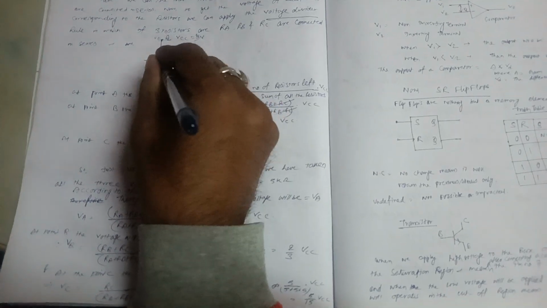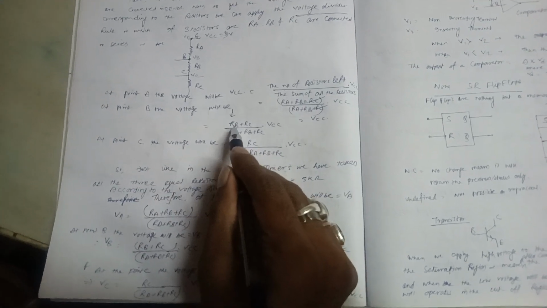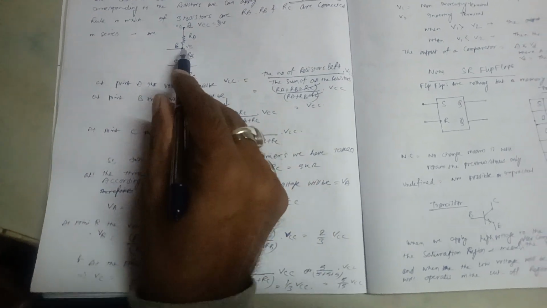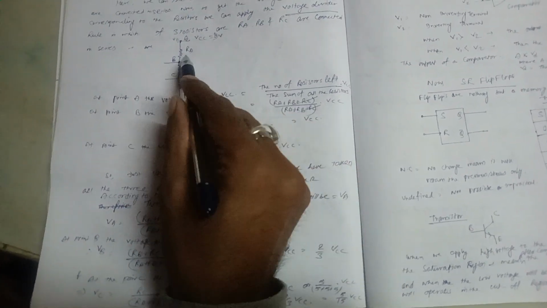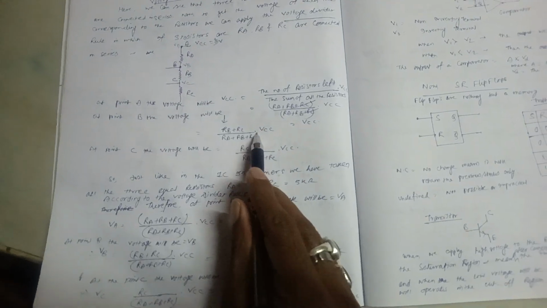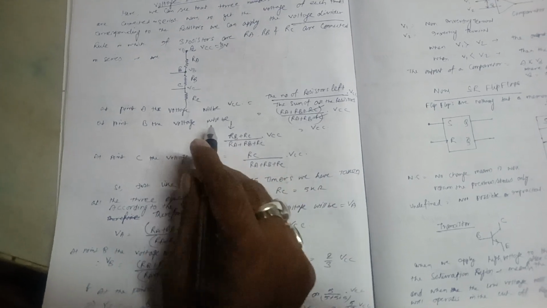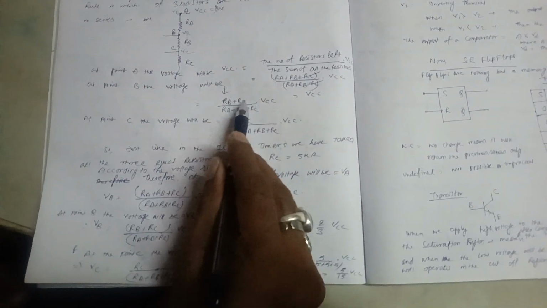RB and RC are the two resistors left from point B. So it will be RB plus RC, the sum of the resistors left, by the total sum of all the resistors RA plus RB plus RC, into VCC.